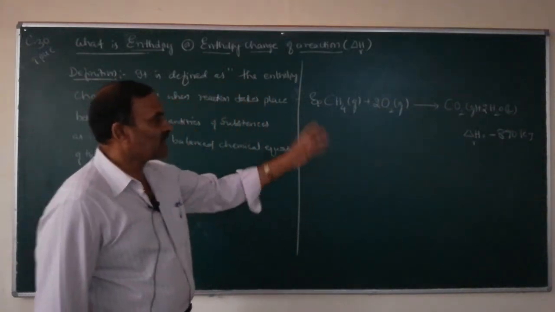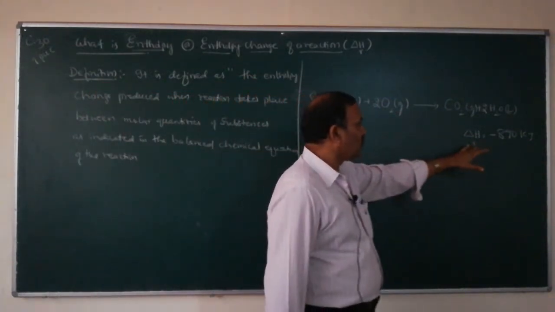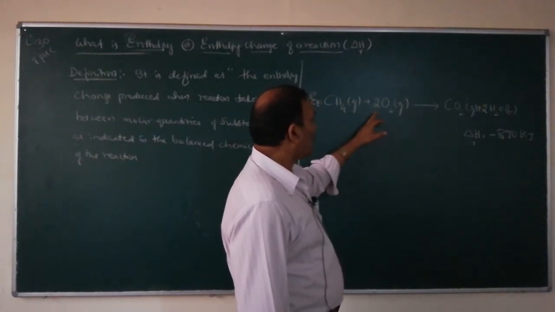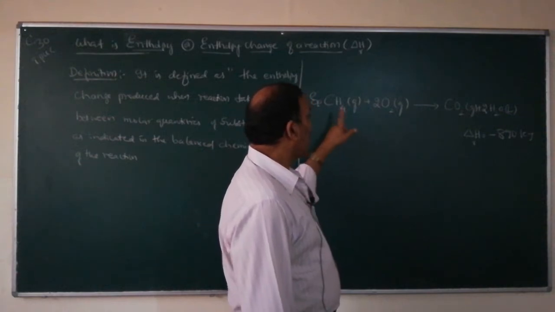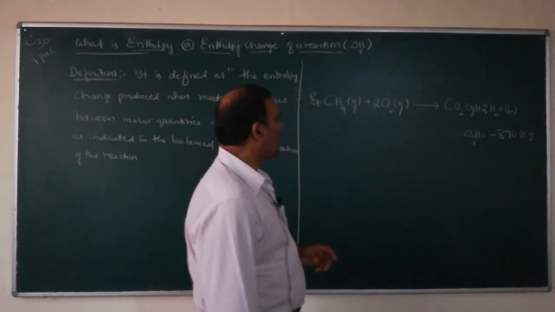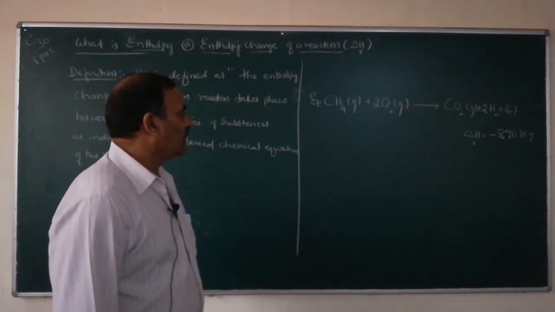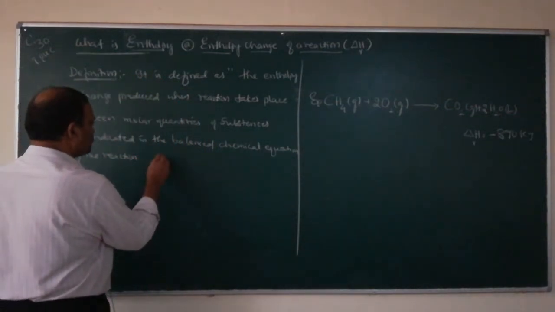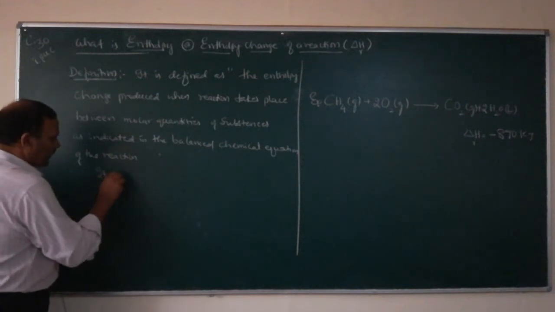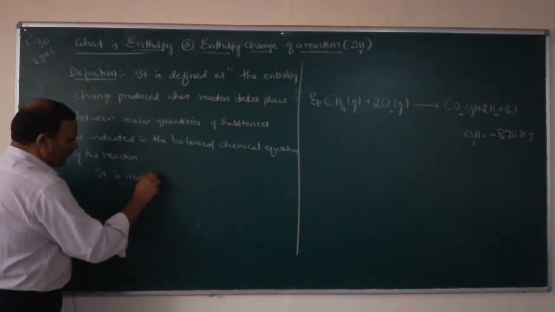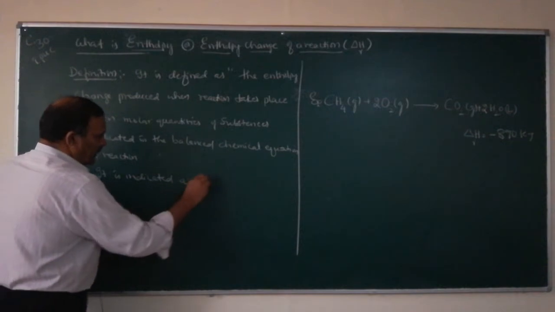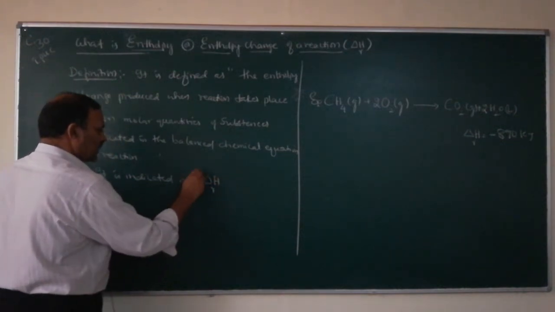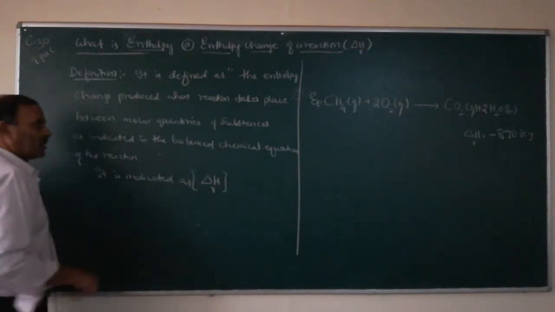It is defined as the enthalpy change produced when a reaction takes place between molar quantities of substances as indicated in the balanced chemical equation of a reaction. Full stop. It is indicated as delta HR.